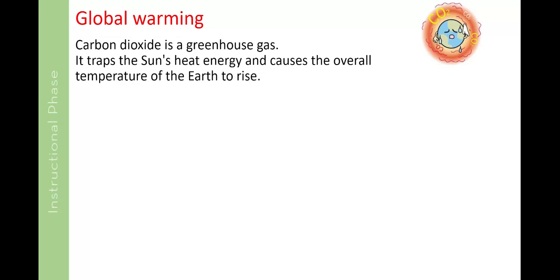Okay, just to go over what global warming is, because obviously this is a big problem with combustion. As I've explained, carbon dioxide is a greenhouse gas. It helps trap the sun's energy and it causes the overall temperature of the Earth to rise.